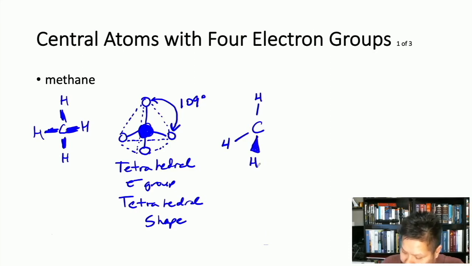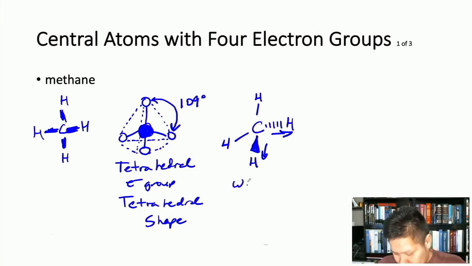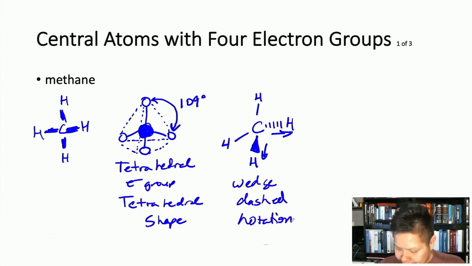And when you have a dashed wedge like this, that means that the hydrogen is going behind the page, right? So this one with the solid wedge is coming towards you, and this one with the dashed wedge is going towards the back of the paper, right? This is known as the wedge dash notation. So if you don't think you can draw this, draw that instead. Okay?